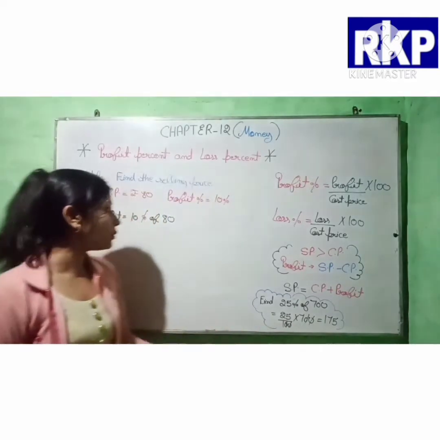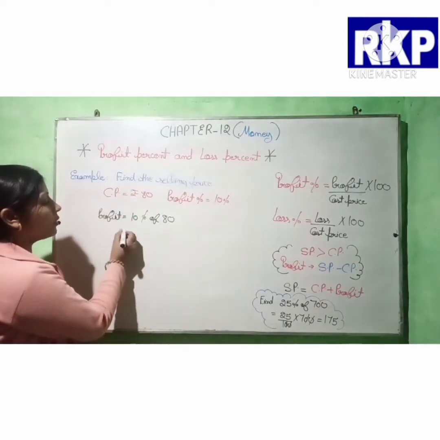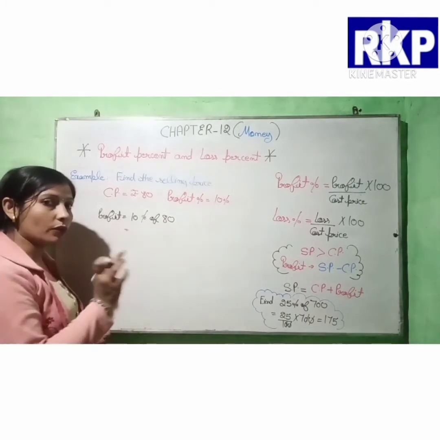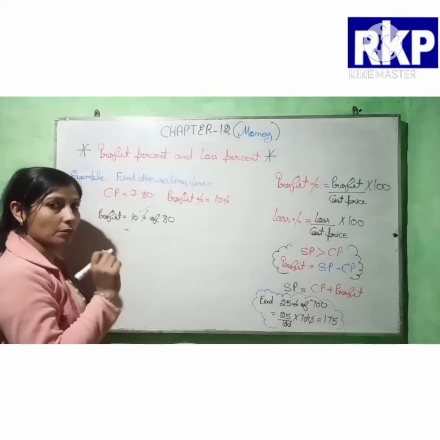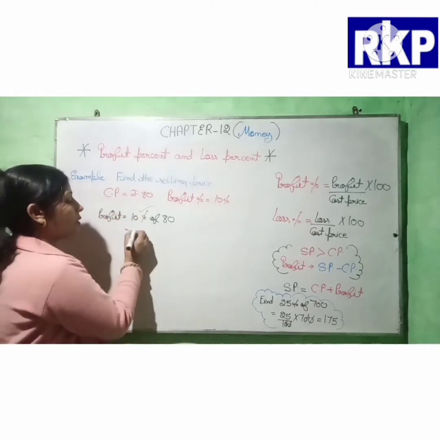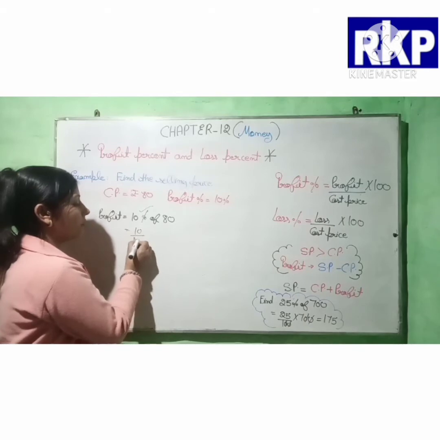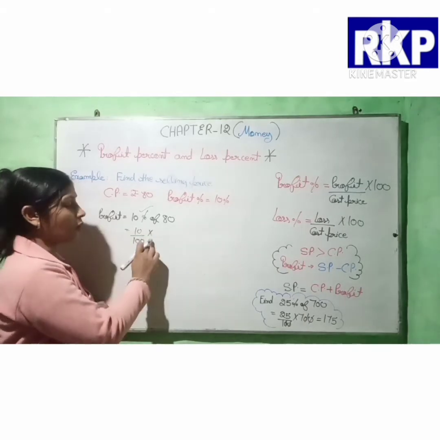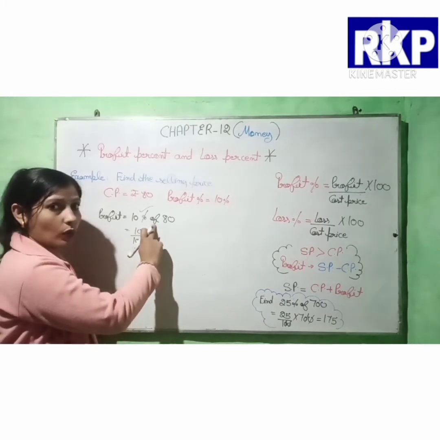Like this we have to solve this also. Here we have 10% of 80. So here first of all we have to remove this symbol. 10% means 10 out of 100. So here we have to write 10 by 100. Now we have to put the sign of multiplication for of.